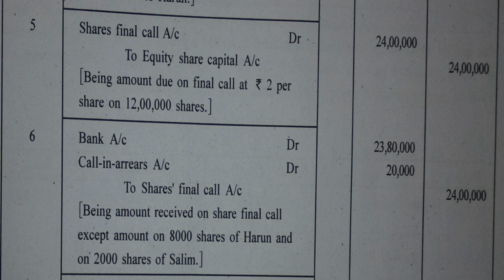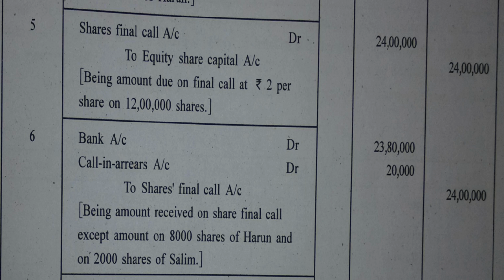So when you deduct 20,000 from 24 lakh, it gives you 23 lakh 80,000 rupees. So the net amount received is written in bank, 23 lakh 80,000. Call in arrears account is to be debited 20,000 to shares final call account 24 lakh. This simply means that out of 24 lakh, 20,000 is not received and 23 lakh 80,000 is only received.